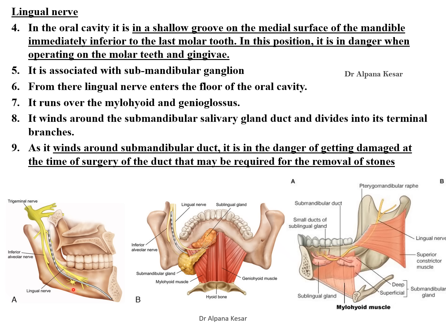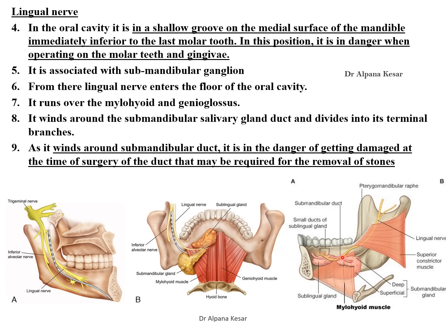It is also associated with the submandibular ganglion in this region. From there, the lingual nerve enters the floor of the mouth. In the floor of the mouth, it runs over mylohyoid and geniohyoid muscles. In the floor of the mouth, the lingual nerve winds around the submandibular gland duct and finally divides into its terminal branches.